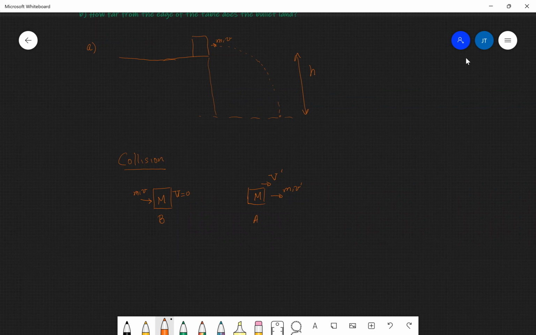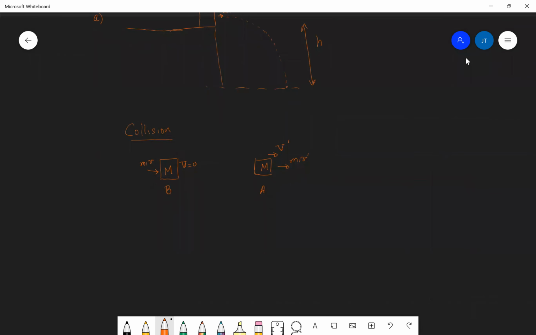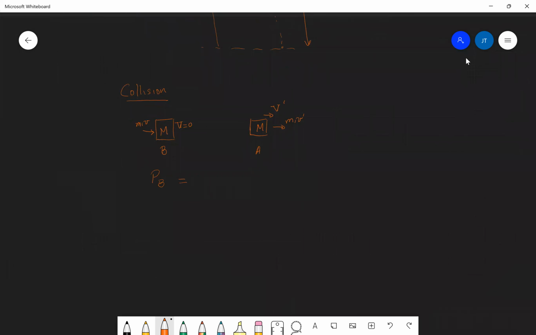Now, obviously, the collision is not elastic. We do not know the energy expenditure for the bullet to enter, deform, heat, sound, all of that. All we know is that all the forces are internal, and we can use conservation of momentum. So momentum before equals momentum after.